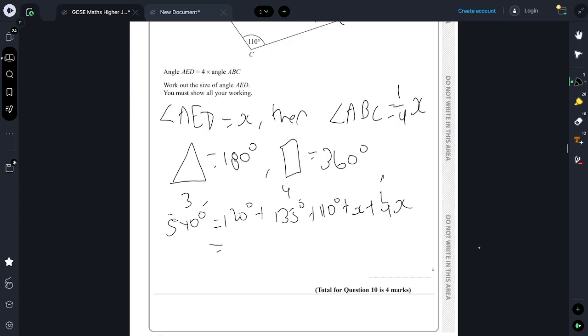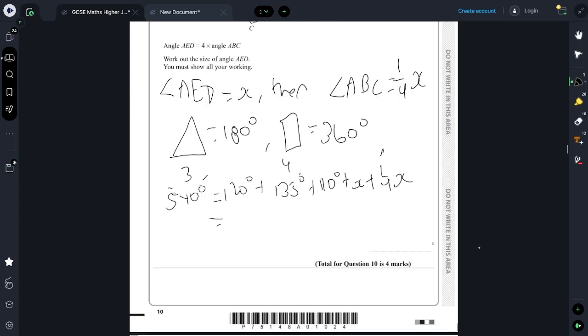So let's add these up together. If you're a bit unsure, let's do this in the head: 335, 355, 365. Add x plus a quarter x. That's 1 plus a quarter, which is 4 over 4 if you get the same denominator, add 1 over 4, which is 5 over 4.